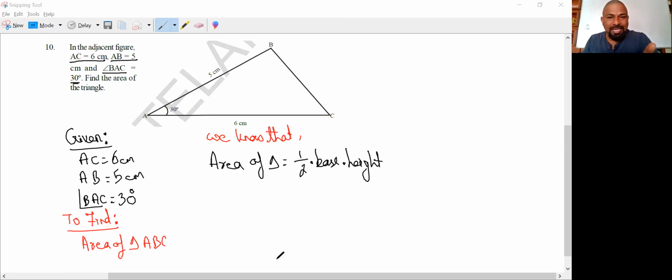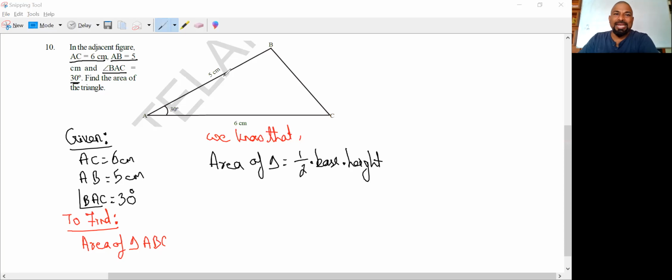So in that triangle, we don't know the base and we don't know the height. Somewhere it should be a right angle triangle, but it is not given that it is a right angle triangle.